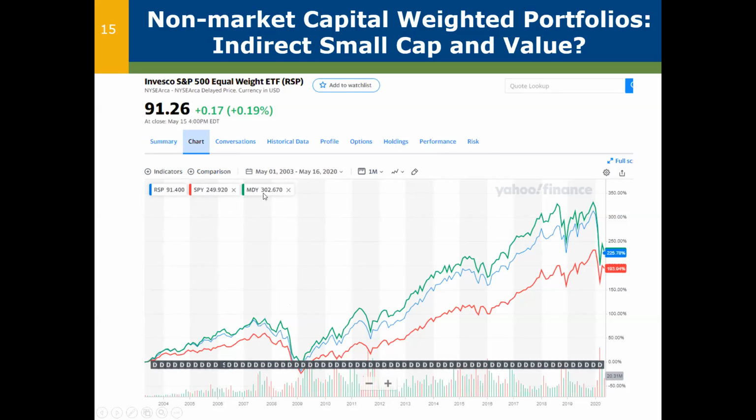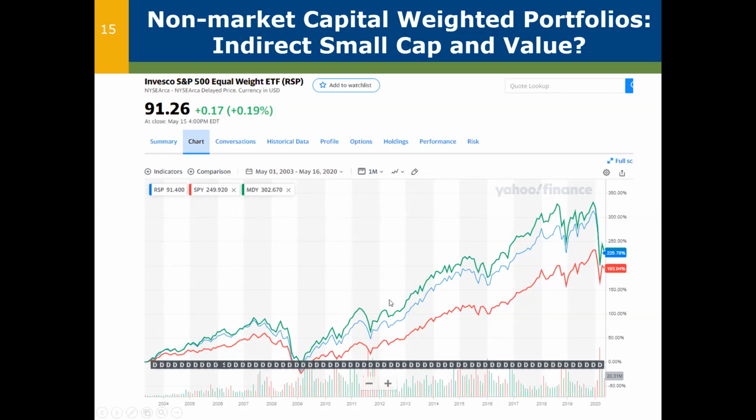So I said, okay, there's an ETF that tracks the next 400 size stocks in the S&P 500. If you take the S&P 500 and break it up into the top 100 biggest companies, and then the remaining 400, we call those the mid caps. And there's an ETF with ticker symbol MDY that tracks those 400 mid cap stocks.